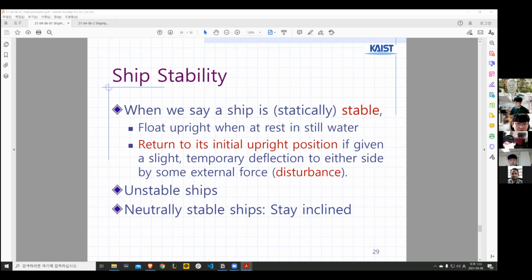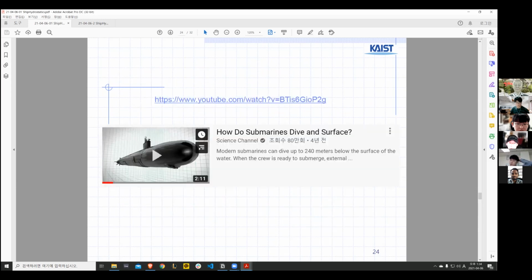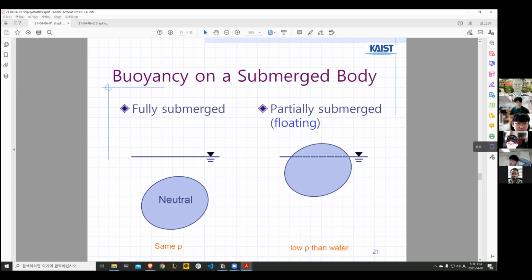Here's the question. High buoyancy means the object is more floatable. In this slide, right? I think high buoyancy is like just a force to keep this precise.